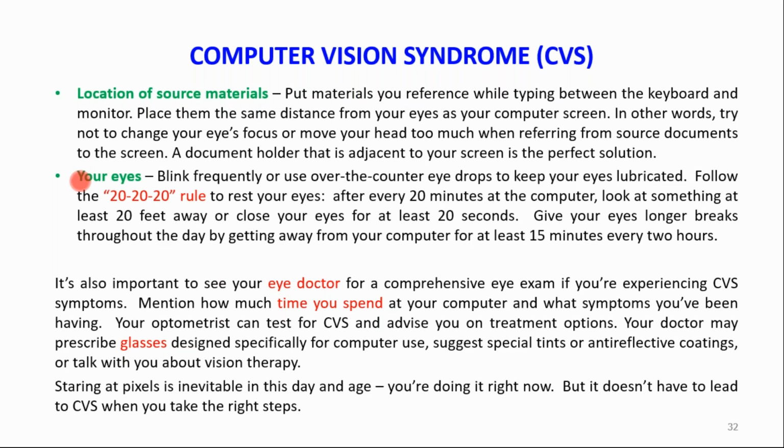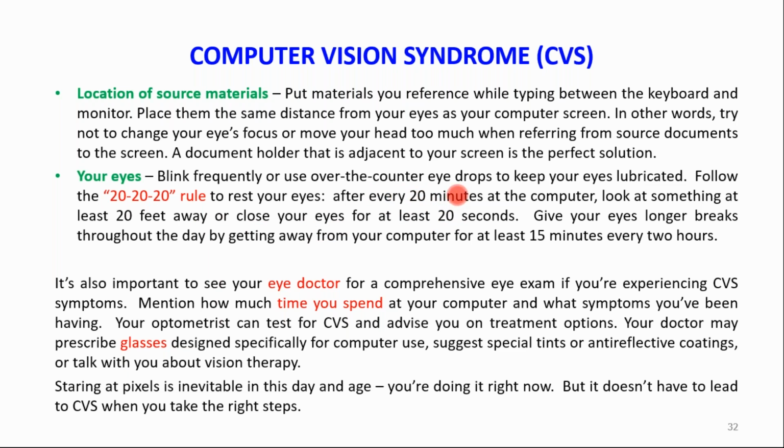Then the next point is your eyes. We already discussed this 20-20-20 rule, and we have to follow it. What exactly is this? Every 20 minutes at the computer, look at something at least 20 feet away or close your eyes for at least 20 seconds, right?